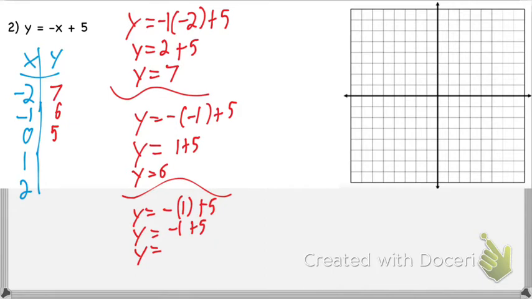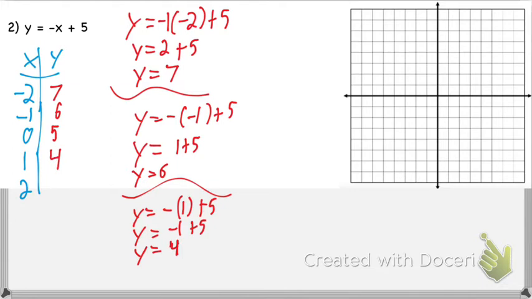So are they the same sign or different signs? Different signs. Different signs, what do we do? Subtract. What's 5 minus 1? Okay, and which number is bigger, 5 or negative 1? 5. So is it positive or negative? Positive, so it's positive 4.